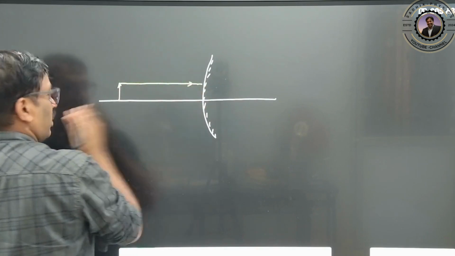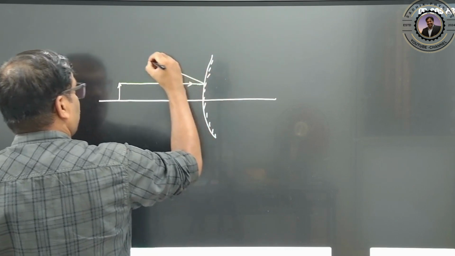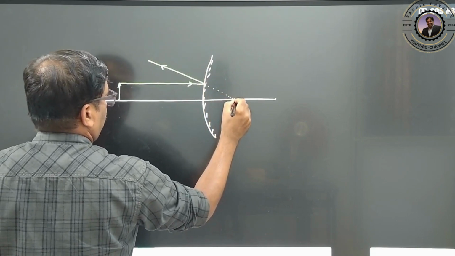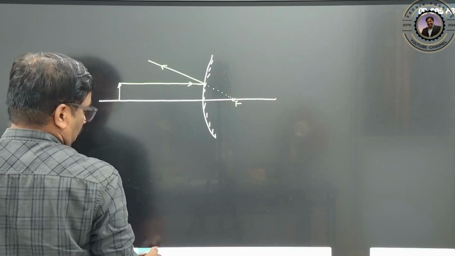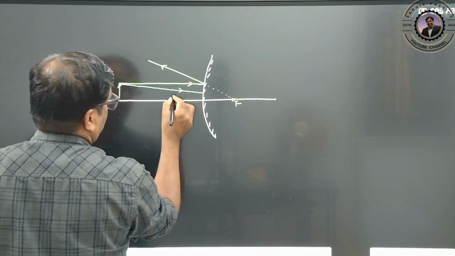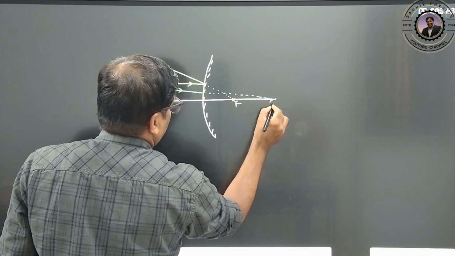There is no need of the center of curvature here. If a light ray goes like this, it gets reflected back, and the rays appear to be coming from the focus here. And one more light ray: if a light ray is incident like this and gets reflected back, it appears to come from the center of curvature.